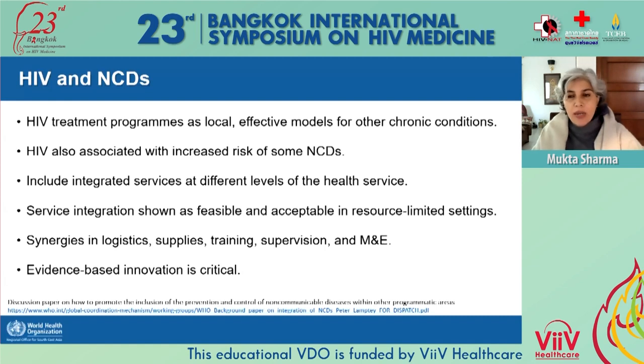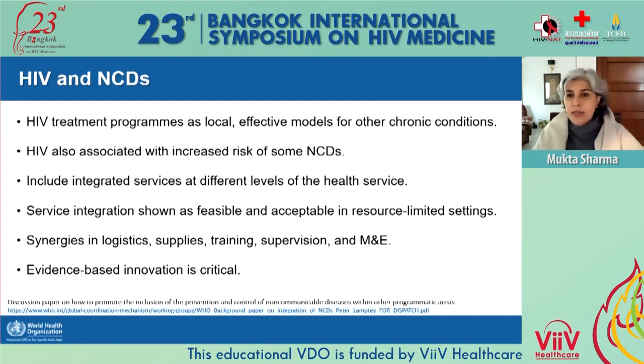So we really have no choice but to think about how NCDs and HIV and aging and mental health can come together. We know that HIV is also associated with increased risk of some NCDs. And we know that service integration in a chronic care model has been shown to be effective in low resource settings.